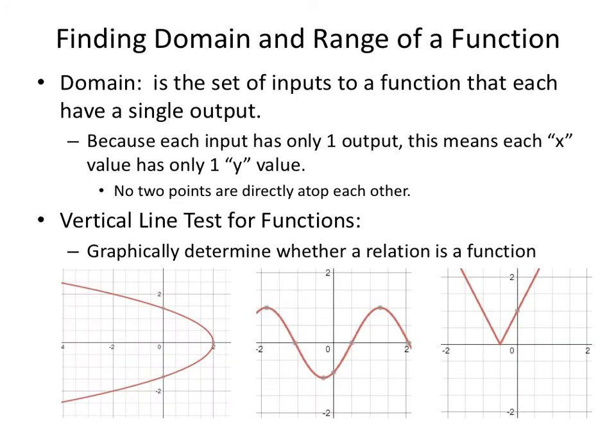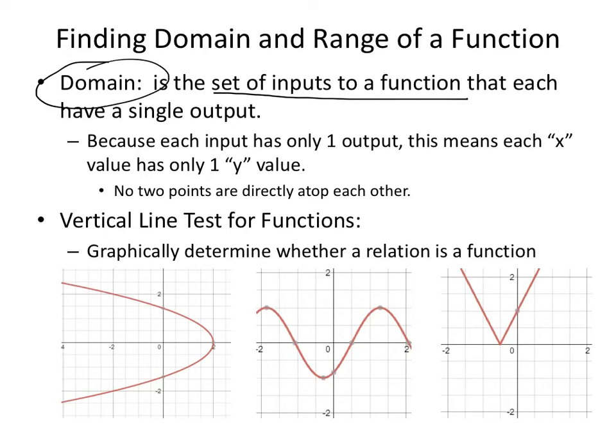So, because we have inputs and we have outputs, we need to have a name for what all of those together are. So, our domain is our set of all the inputs to a function that each have a single output. Okay? So, if I can have an input that I put into a function and I only get one output out of it, then that number is part of my domain.